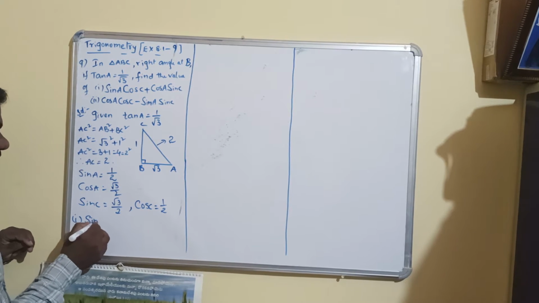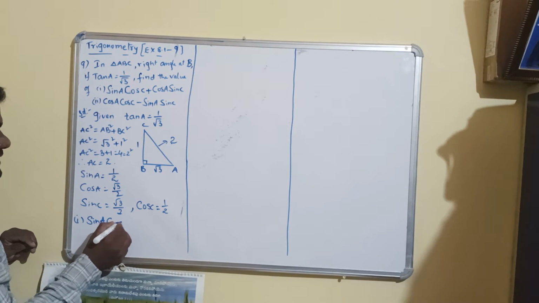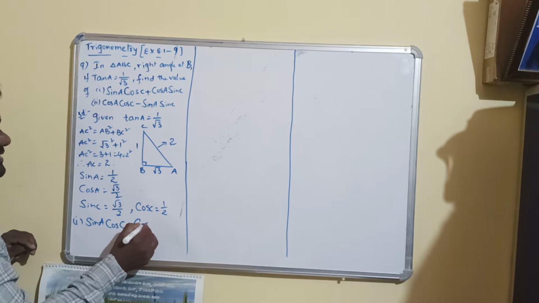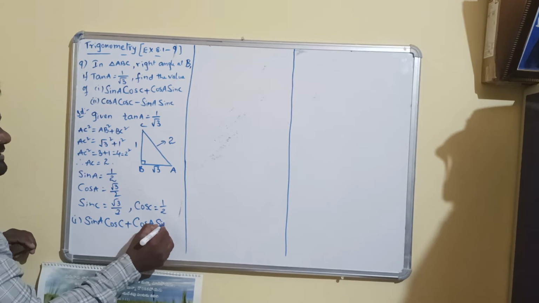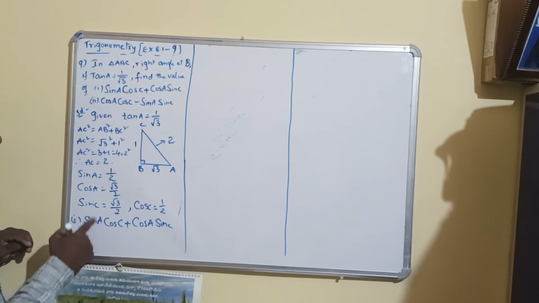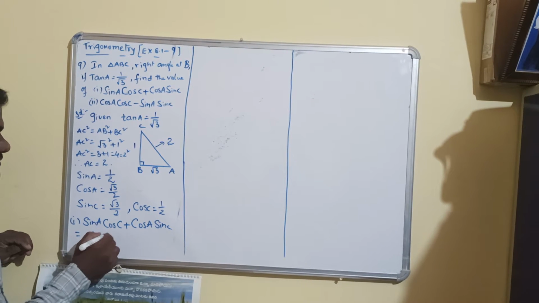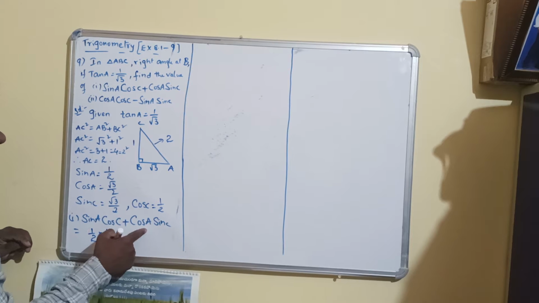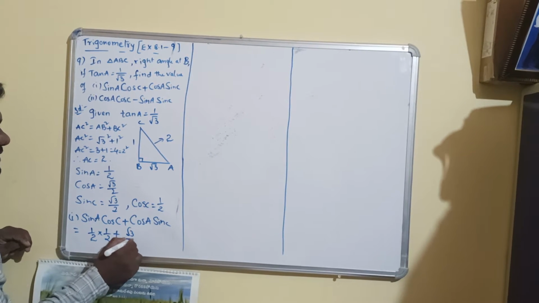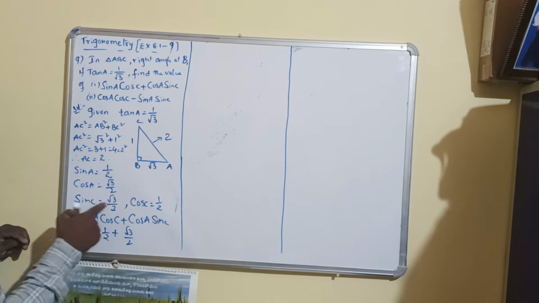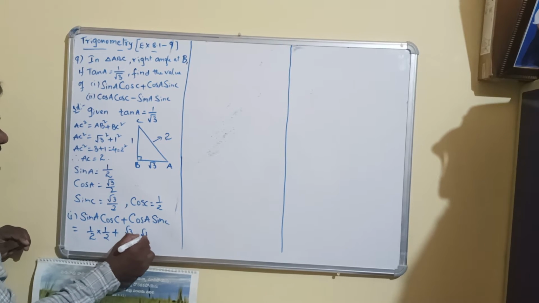The first one: sin A cos C plus cos A sin C equal to sin A value 1 by 2 into cos C value 1 by 2, plus cos A value root 3 by 2 into sin C value root 3 by 2.